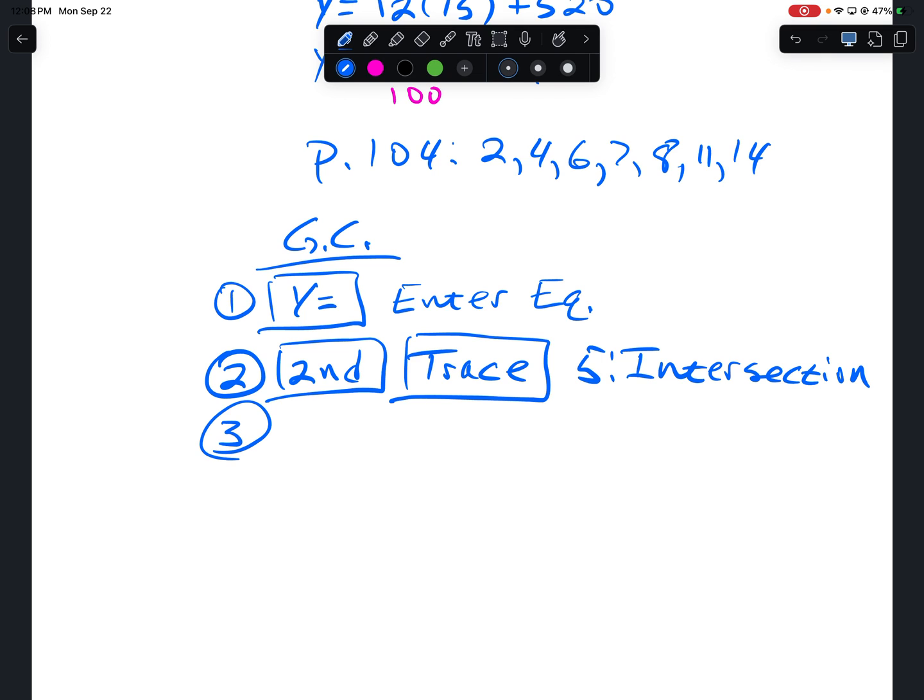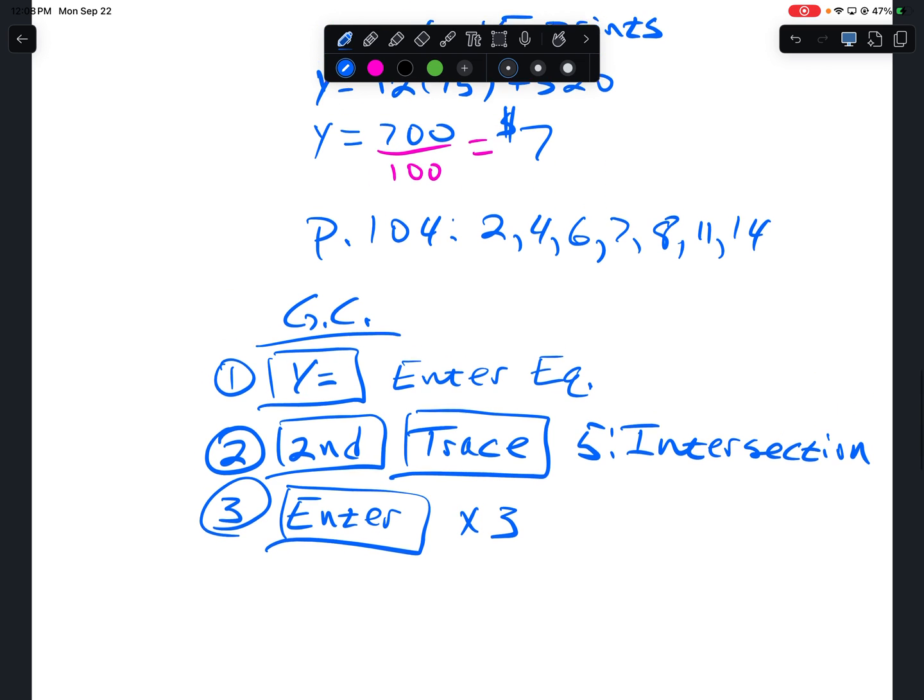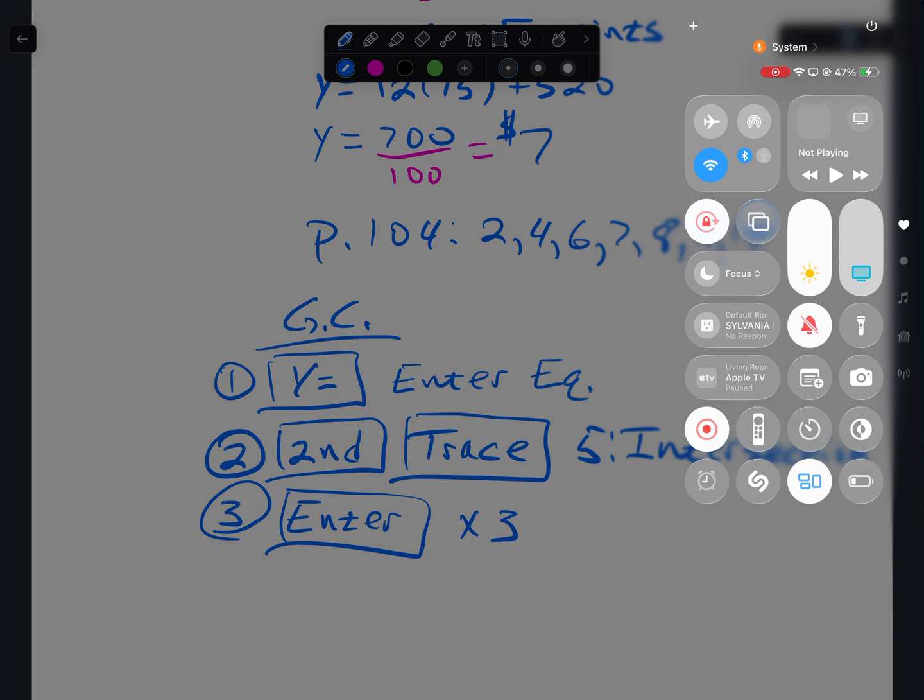Then last step, we hit enter times 3. Right? And then you will get the x and y values. So you can double check all of your problems on the test doing that, right? As long as you solve for y, that will always work, which is super handy. I'll tell you which ones you can use graphing calculator on in a second. Let me just stop the recording.